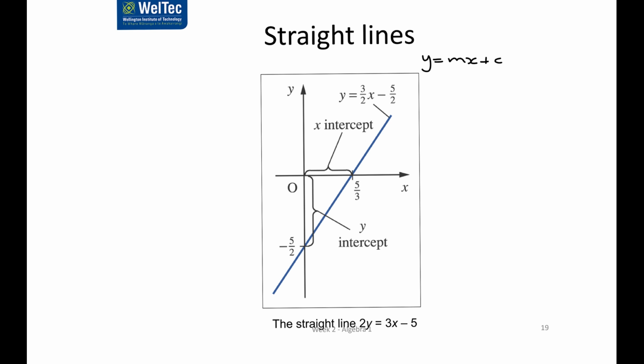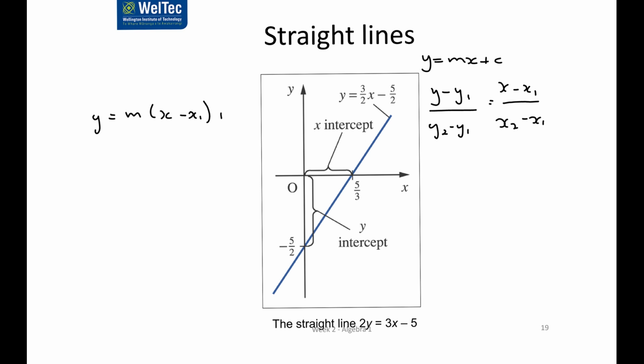So remember, you can use (y minus y1) over (y2 minus y1) is equal to (x minus x1) over (x2 minus x1). There are various variations on that, or you can use y equals m times (x minus x1) plus y1. They're all the same things. There's all sorts of very complicated ones as well.